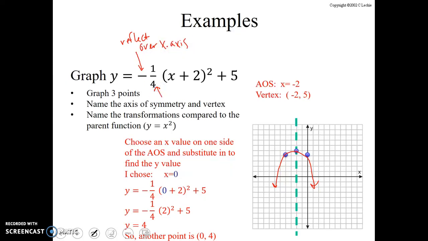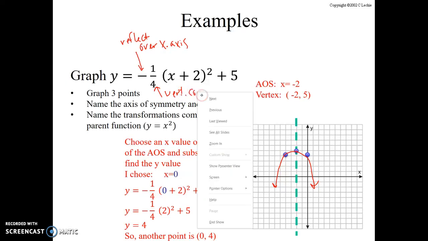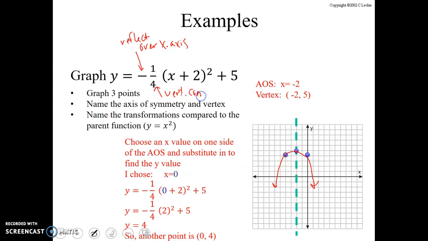We're also going to have a vertical compression by 1/4. And then we will also have a horizontal shift to the left 2, and we will have a shift up 5.